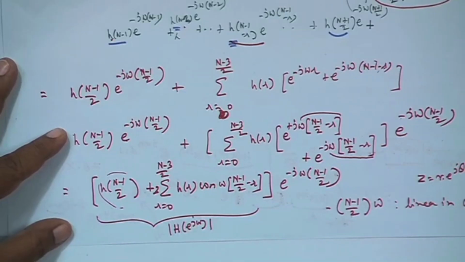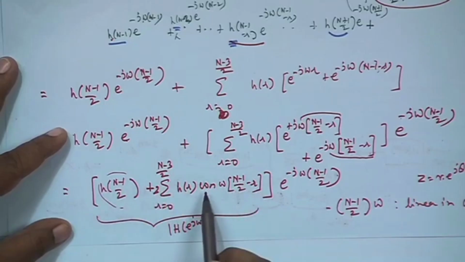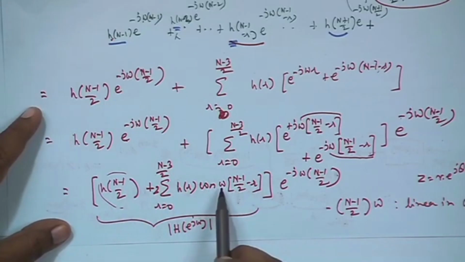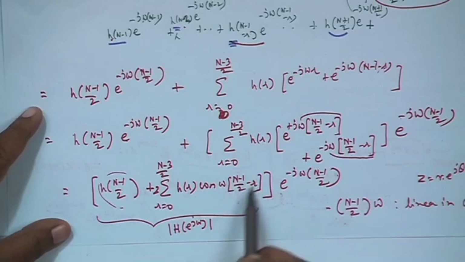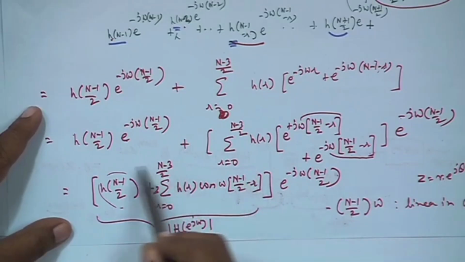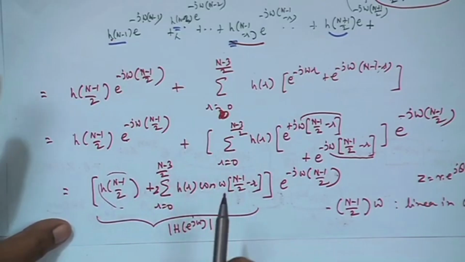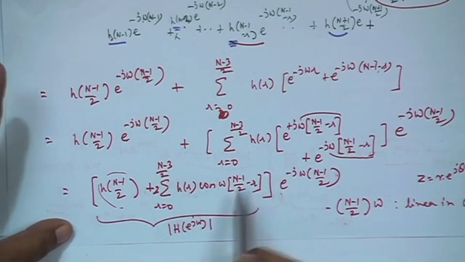But there is a word of caution. This is cosine. Cosine omega into this part changes from r equal to 0, one value, r equal to 2, another value like that. Okay. So, this whole thing may become negative sometimes for certain values of r.